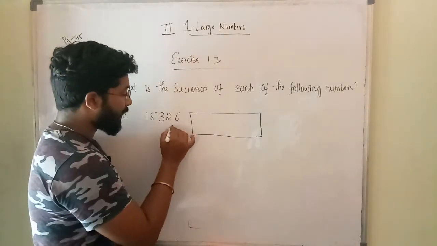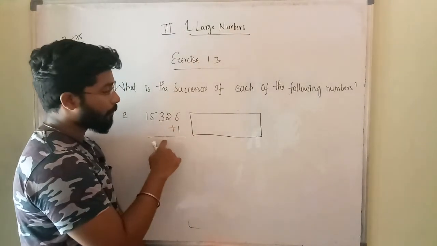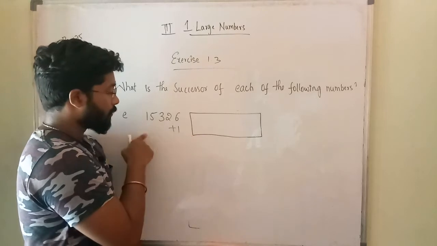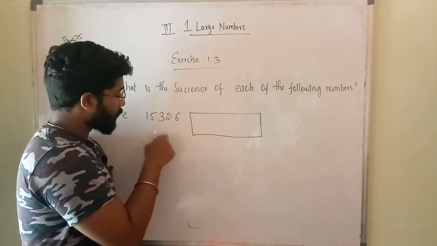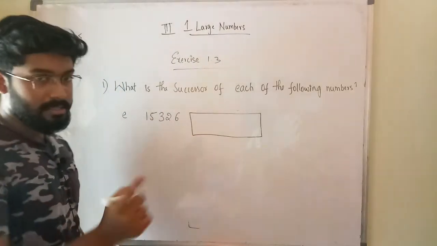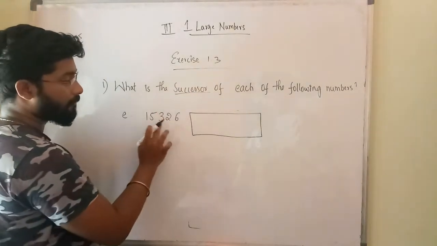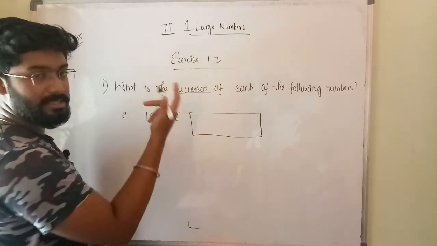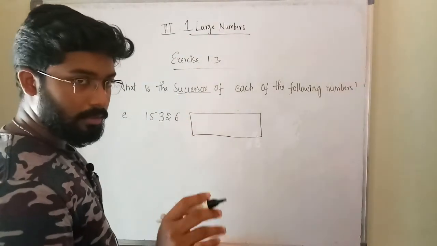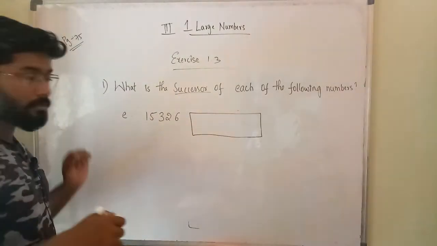You will get one number, no? Write that in the box. I think you can write it very easily, successor and predecessor. If you are confused, if he asks the successor, add 1 to the given number. If he is asking the predecessor, subtract 1. You have to do -1. That's all. Okay.